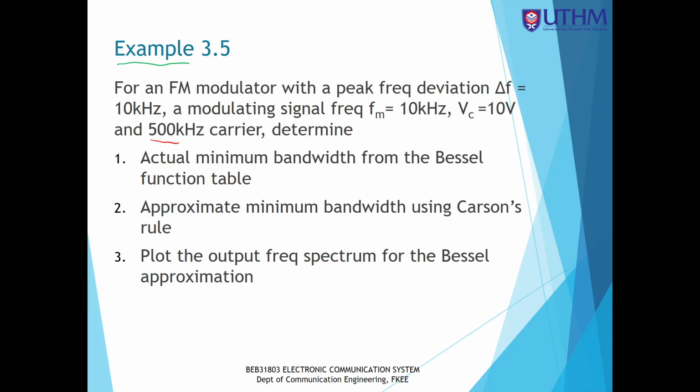So you see that you are given delta F, FM, VC, and also the FC over here. Determine the actual minimum bandwidth from the Bessel function table. The word here, actual bandwidth, is referring to the Bessel bandwidth.